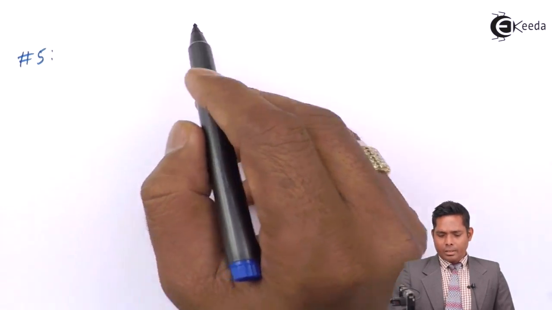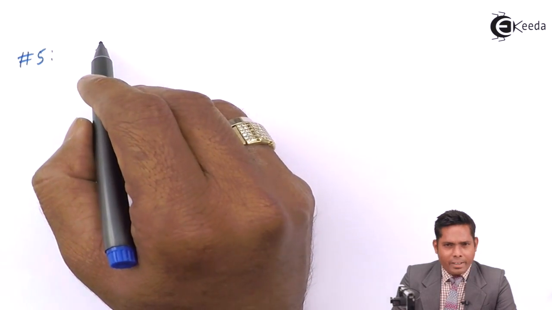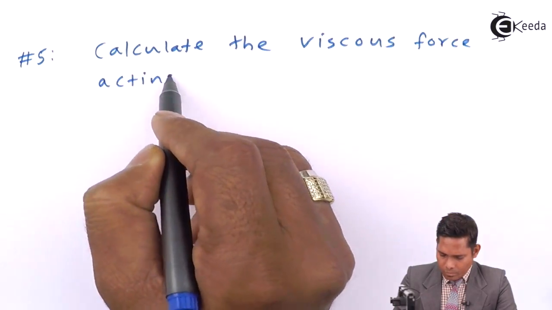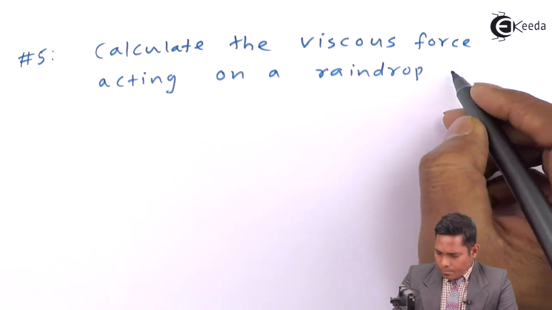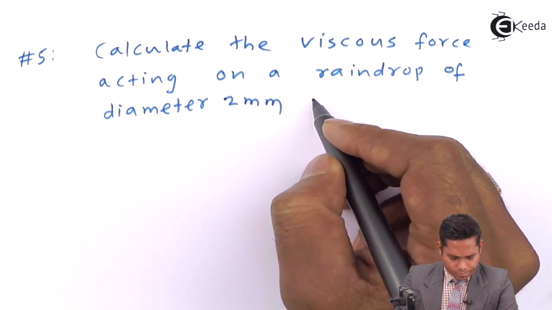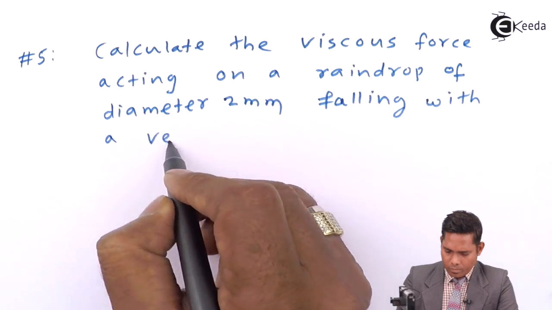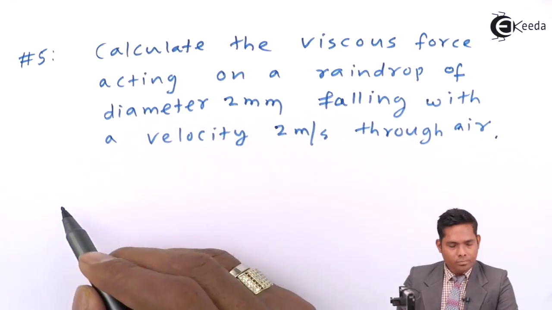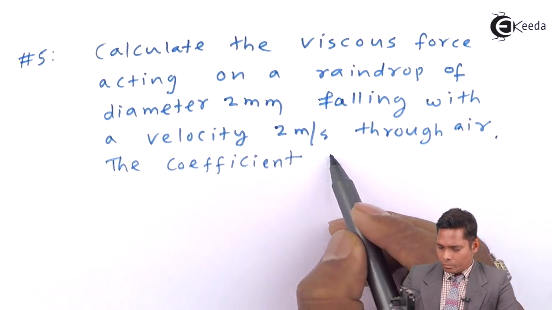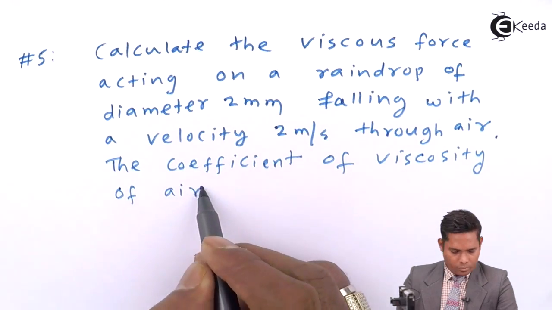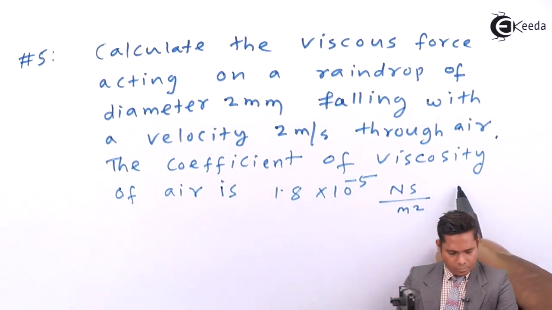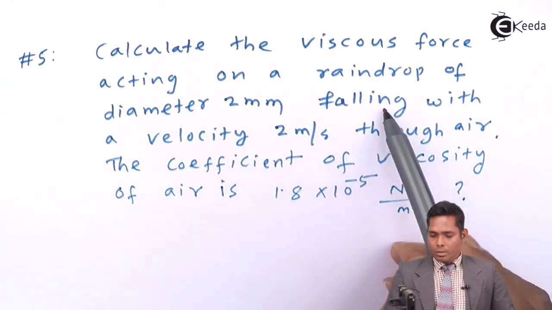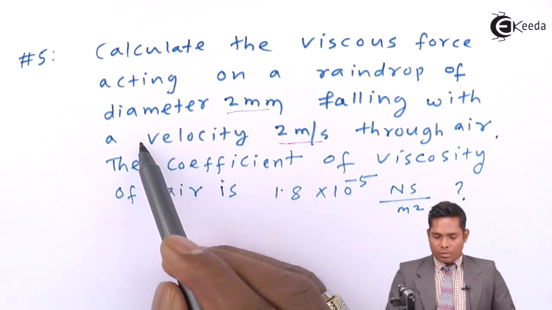Now the question is, find the viscous force acting on a raindrop whose diameter is 2 mm, falling with a velocity. This is a constant velocity.